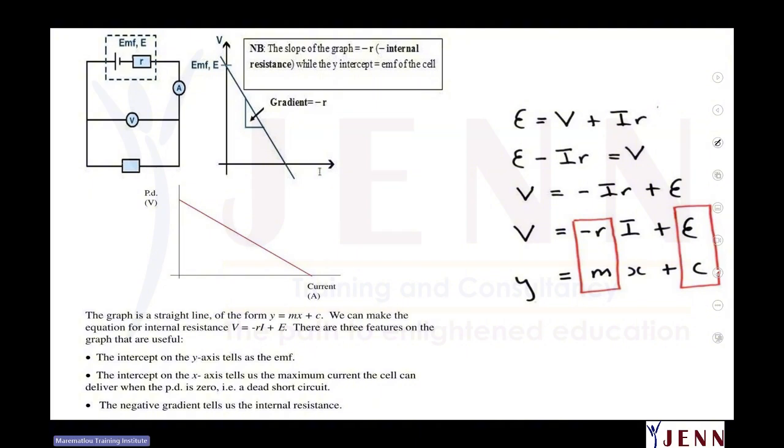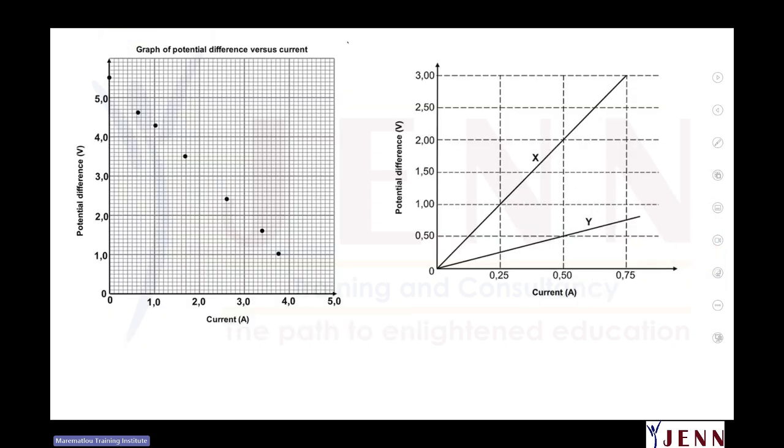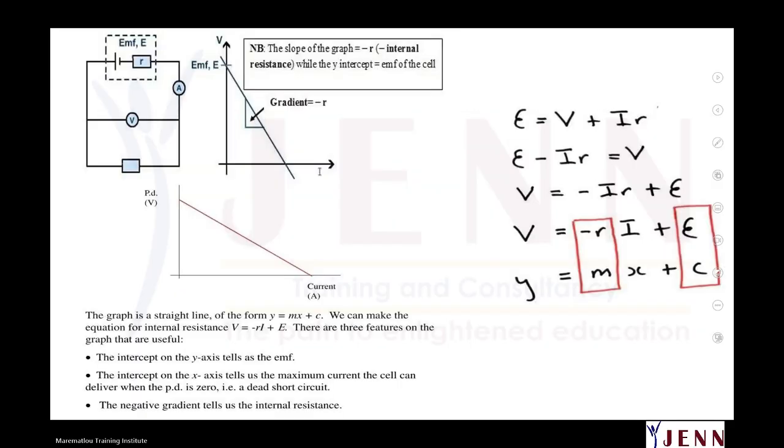If I want to get the relationship between potential difference and current, I take the EMF of the circuit that I have and use that EMF as a function of current.